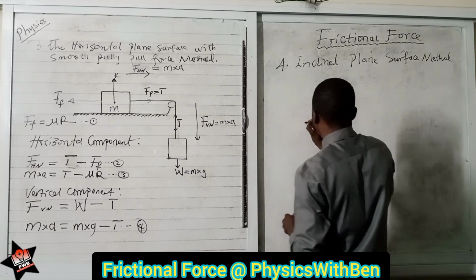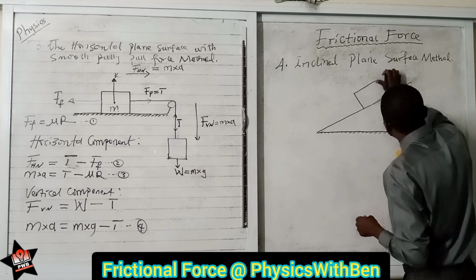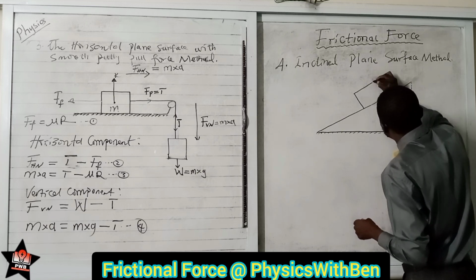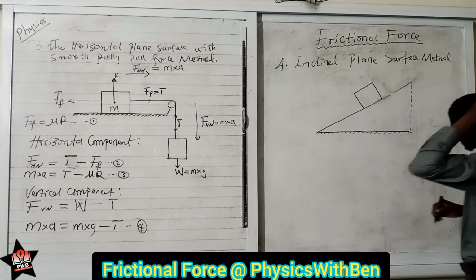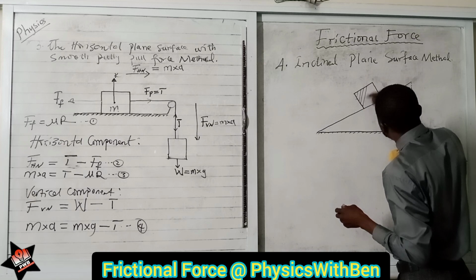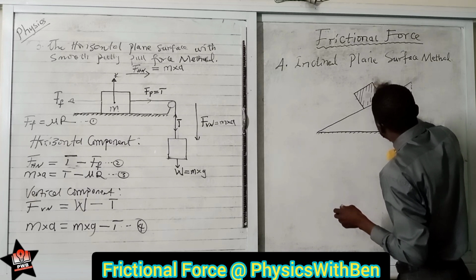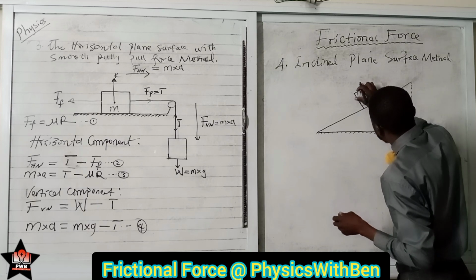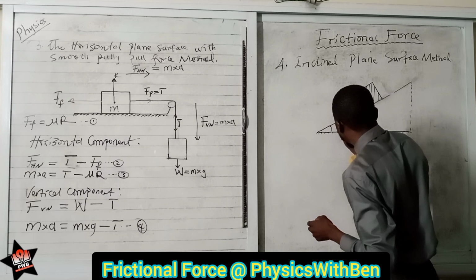If this is my horizontal, this is a block of wood of mass m. A block of wood of mass m. So there's an inclined plane here.